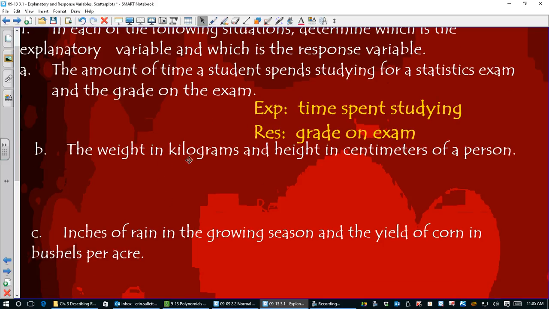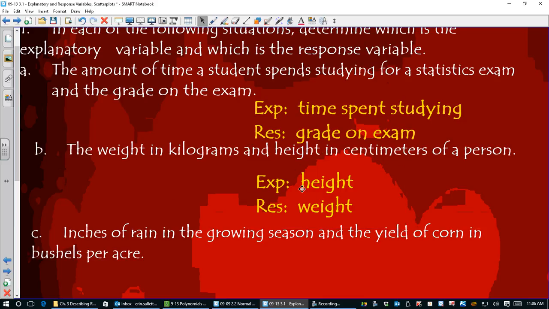Then we look at the weight in kilograms and height in centimeters of a person. So we are looking to see the height explains the weight. Okay, I know it's listed reverse, but the weight is not going to indicate the height.